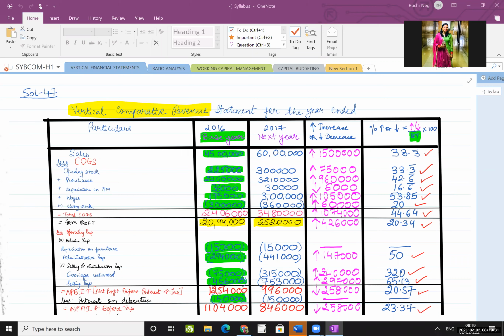The particulars column, which will be given in the question, 2000, meaning the base year, and the next year column. Then the increase or decrease column. When you compare the 2 years, either your amount will increase or decrease, so you have to check and then calculate the percentage increase or decrease in the column.